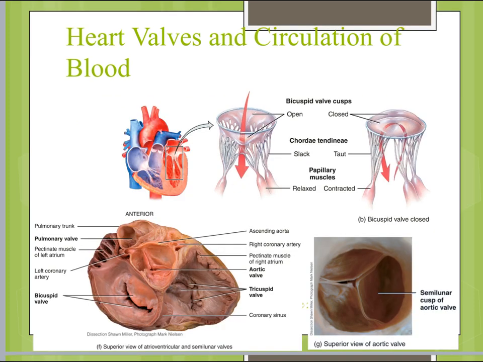Now, we talked about the valves and the chordae tendineae and how it's counterintuitive to what you would think, right? So remember those papillary muscles. Here they are, papillary muscles. When they are contracted, people think that contraction of the papillary muscle means that the valves pull open. And this is where that counterintuitive notion lies. So actually, when the muscles are relaxed, the valves are open and blood is flowing from the atria into the ventricles.